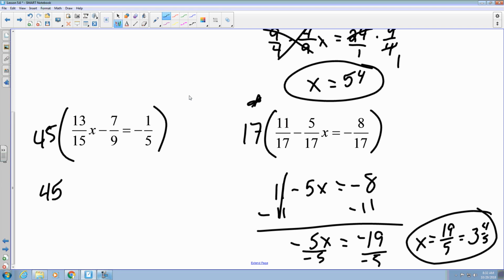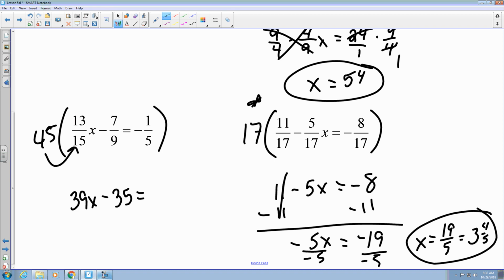So 45 times 13 is 585 divided by 15 equals 39. So now I have, for my first term right here, a value of 39x minus 45 times 7 divided by 9 gives me 35.